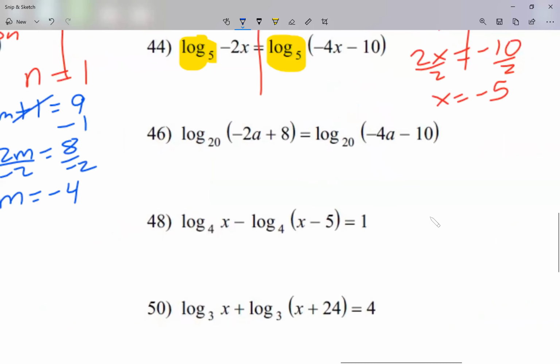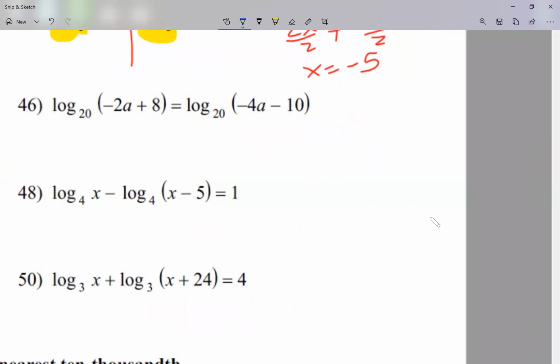Lastly, on number 46, and I say lastly because the first case, I see log base 20 on both sides of the equal sign. Let me rewrite this as negative 2a plus 8 equals negative 4a minus 10.